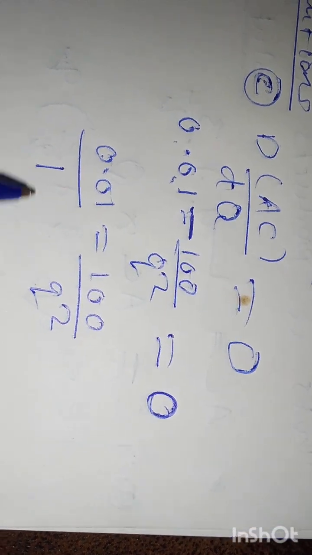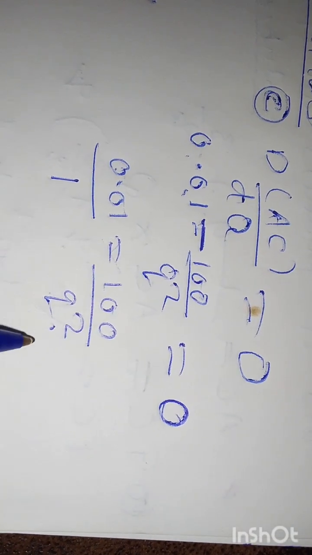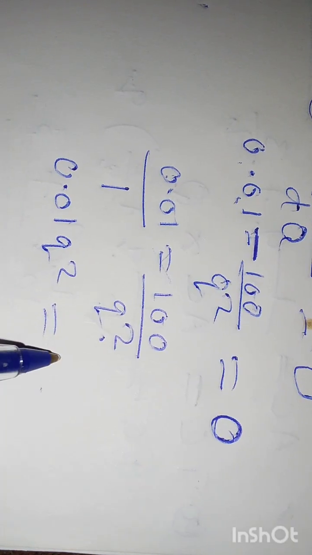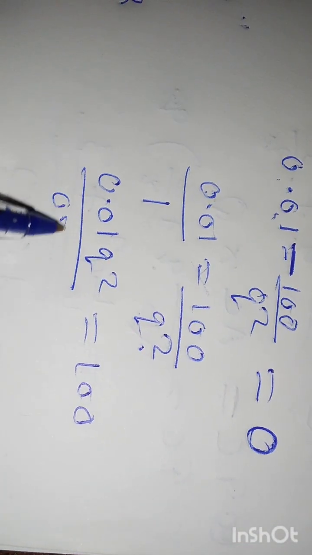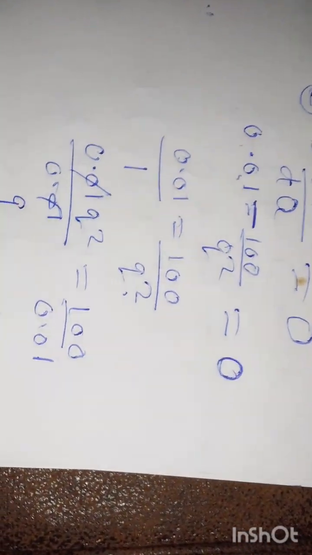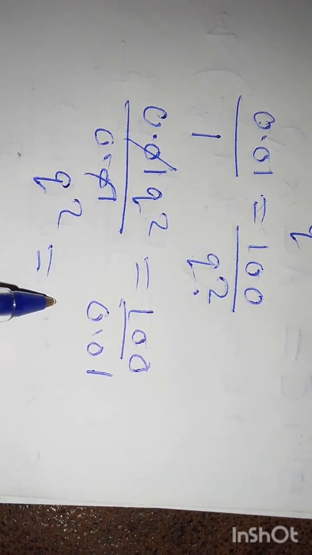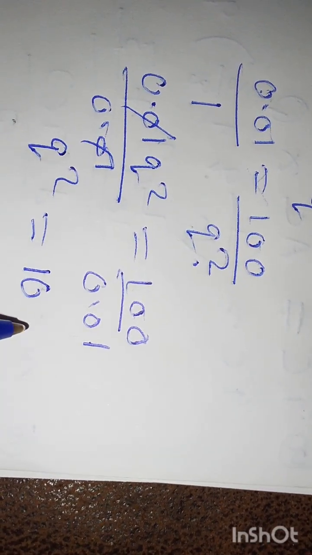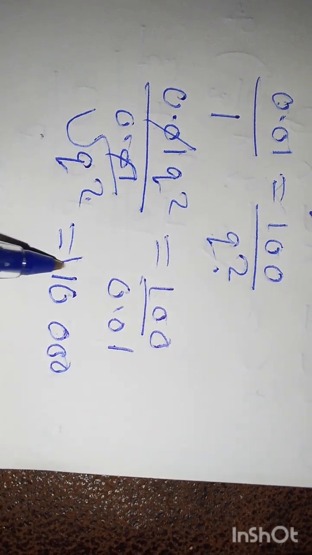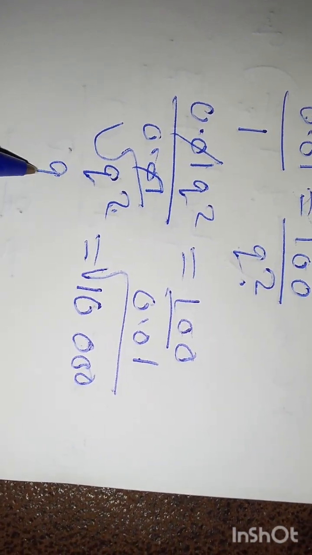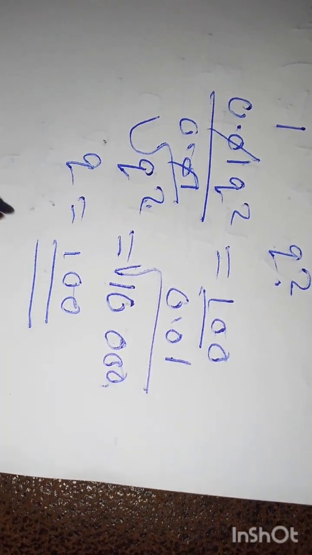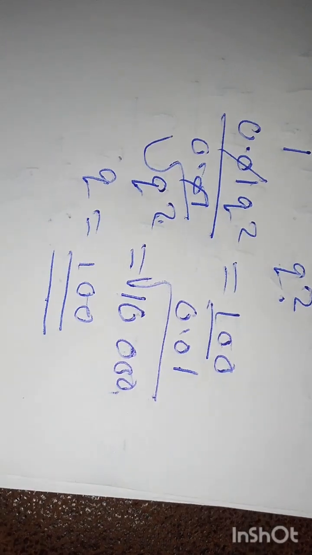Cross multiplying, 0.01 Q squared is equal to 100. Divide by 0.01, so Q squared is equal to 10,000. Since this is squared, we find the root to get rid of the square, so Q is equal to 100. So the value of Q is 100.